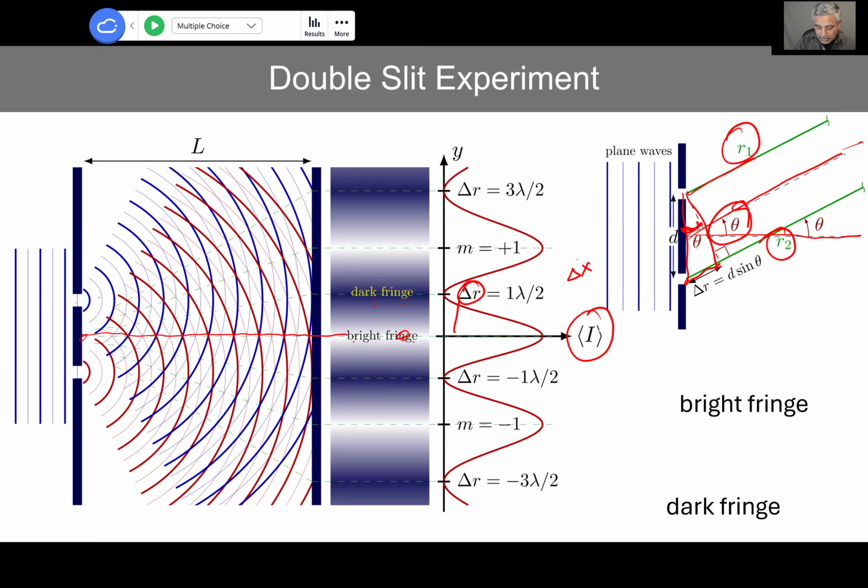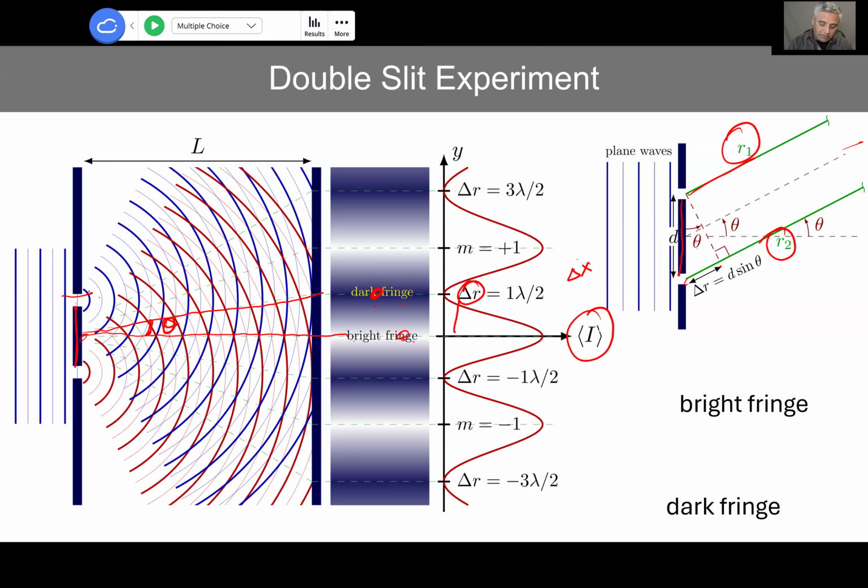This is the middle line, that's where the bright spot is. If I'm looking at this dark spot, then I'm going like that. So that means I'm looking at this angle as theta. That's what theta is. So this theta, and using this d, which is the slit separation.